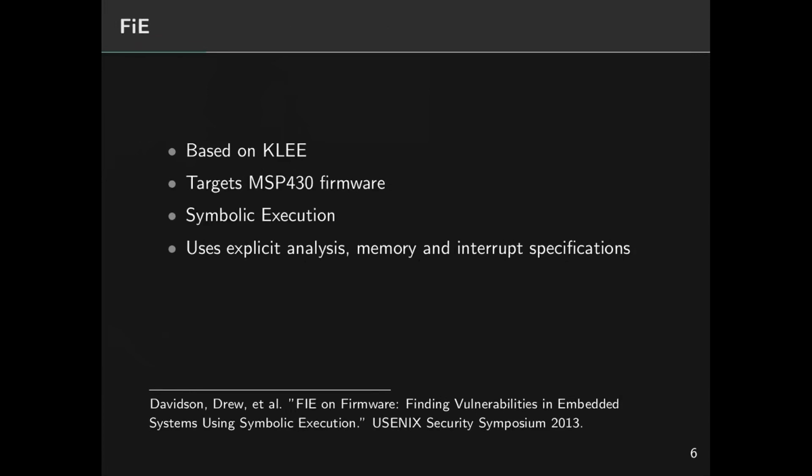Phi is a symbolic execution engine for MSP430 firmware, which is based on CLI. So CLI is the main symbolic execution framework here, which basically operates on the LLVM intermediate representation. In order to have Phi working, the analyst needs to specify explicit analyzer, memory, and interrupt specifications.